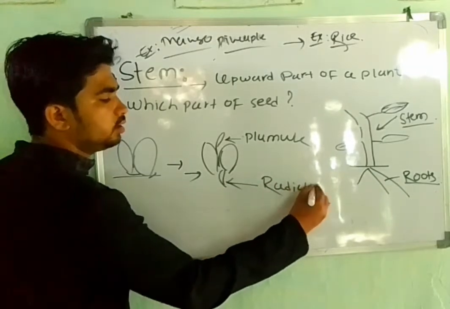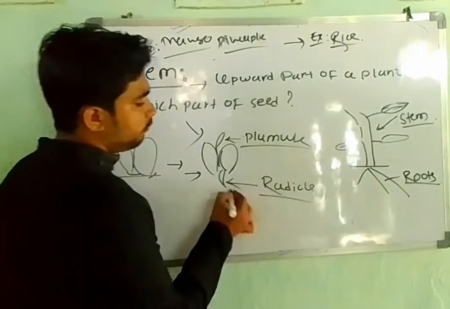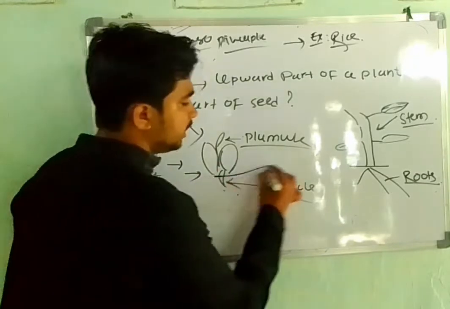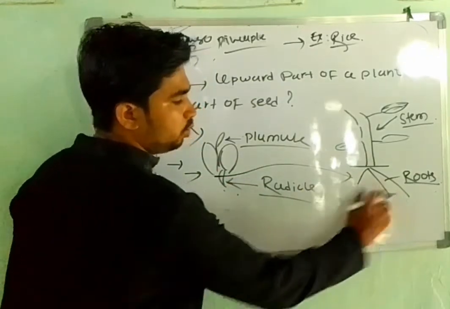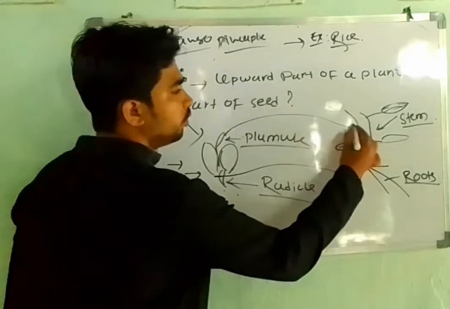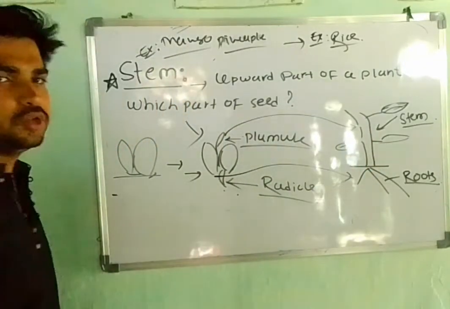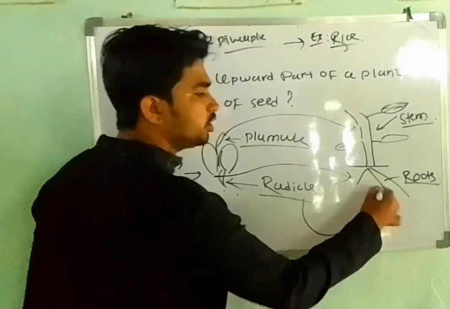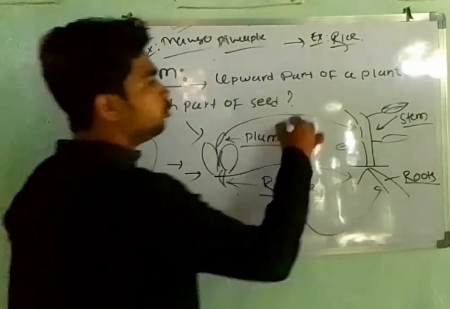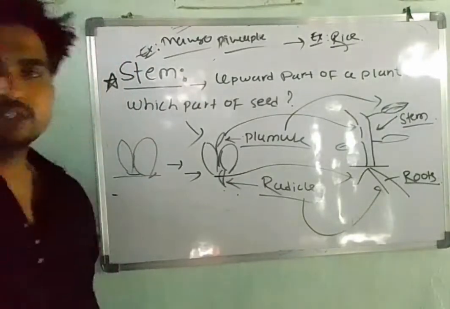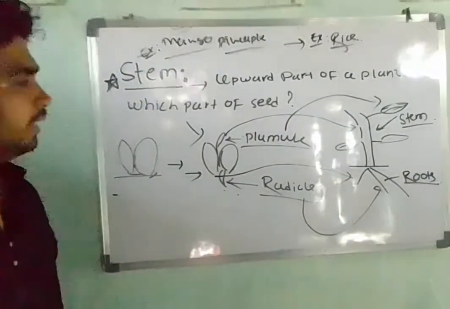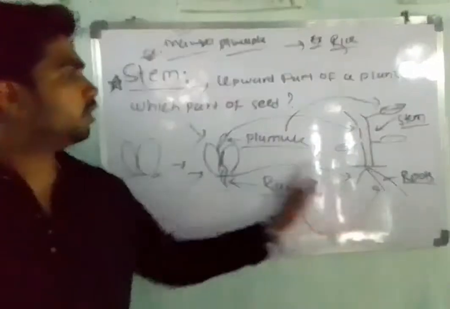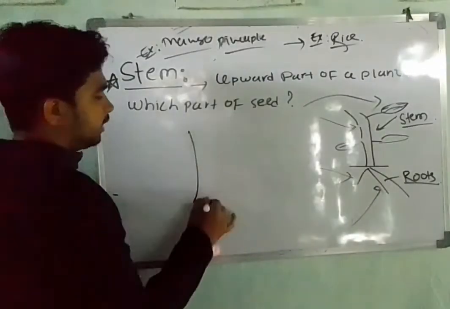Later on, the radicle originates the roots, and the plumule originates the stem, or you can say the shoot. So that point is clear: the radicle originates the root and the plumule originates the stem.